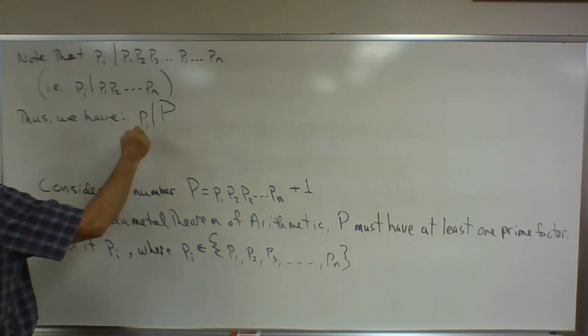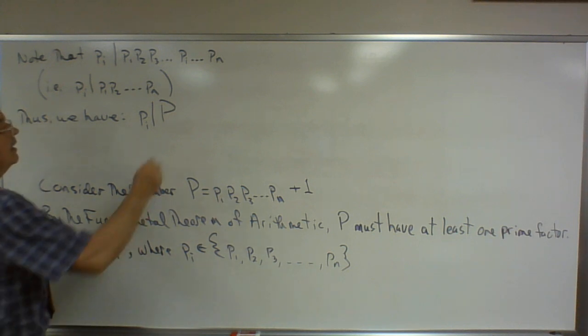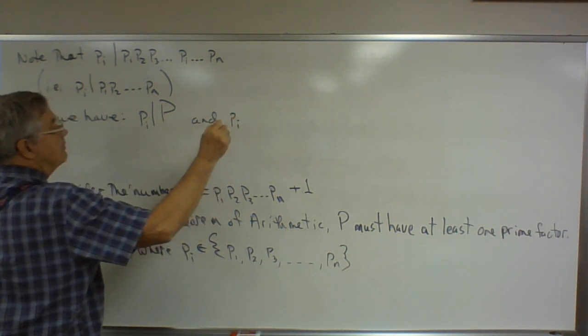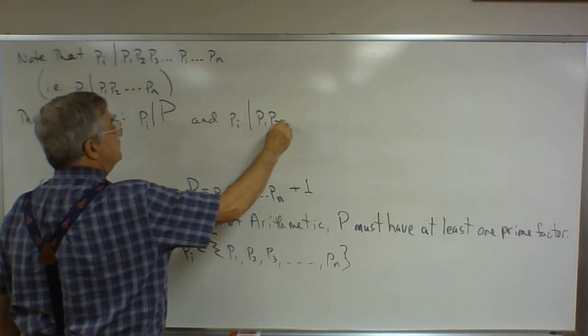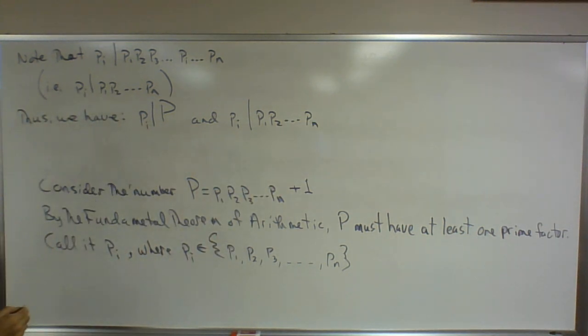P sub i divides capital P, this thing, and P sub i divides P1 times P2 dot dot dot Pn. P sub i divides both of those.